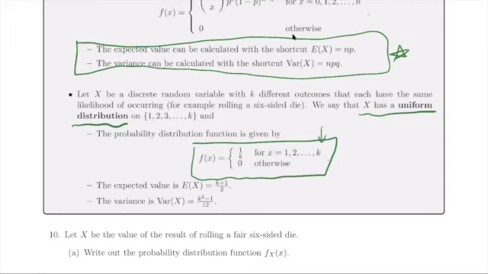If there are k different outcomes, then the probability of any one of those outcomes occurring would be 1 over k. And we've got some shortcuts for formulas for expected value and variance for a uniform distribution. Most things are not distributed uniformly. This is a really special case.